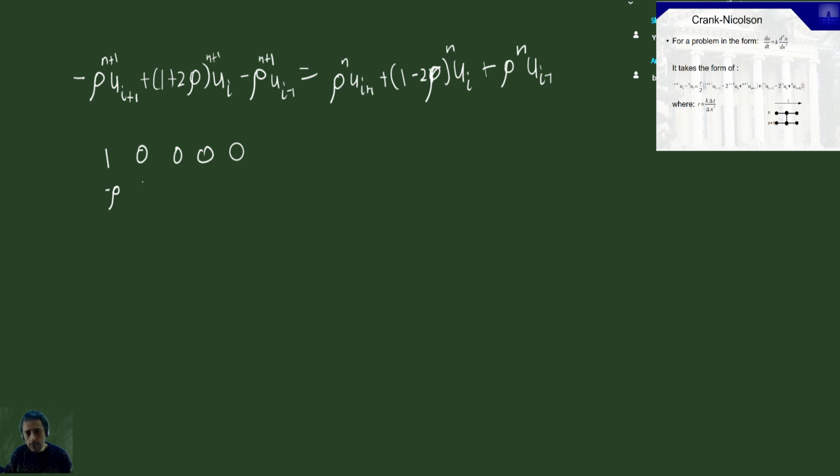It's r over 2. 1 plus 2 rho, minus rho, 0, minus rho, 1 plus 2 rho, 0, 0, 0, minus rho, 1 plus 2 rho, minus rho.